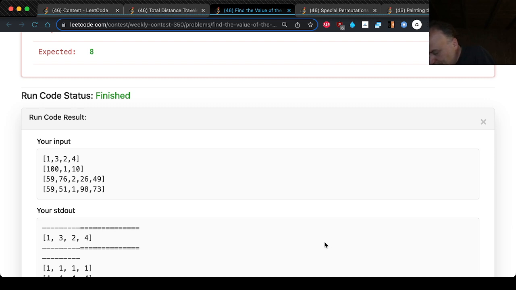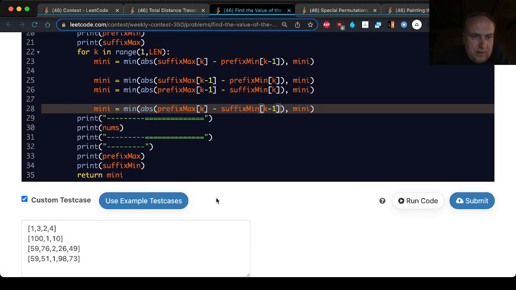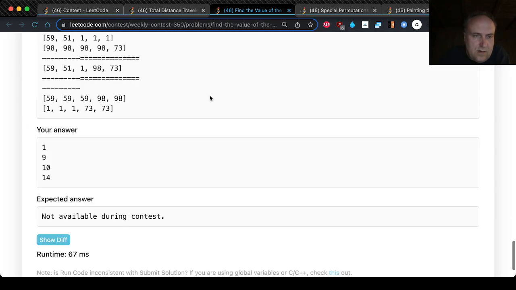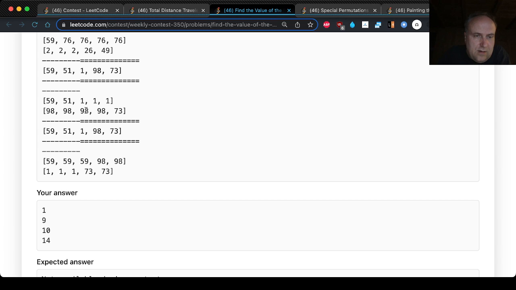So 59, and the suffix max of 2, 26, and 49. Right. So the second item of a prefix and the third item, prefix min. So it's the first one here. Okay, so here the 5976.